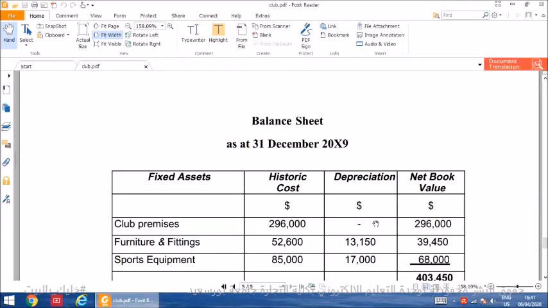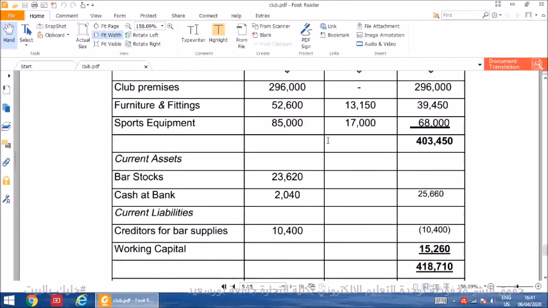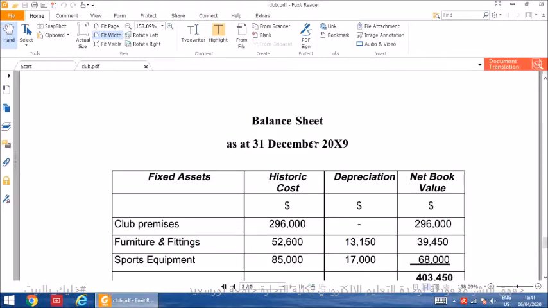Balance sheet for the club as a whole. Fixed assets: club historic cost, depreciation, net book value.